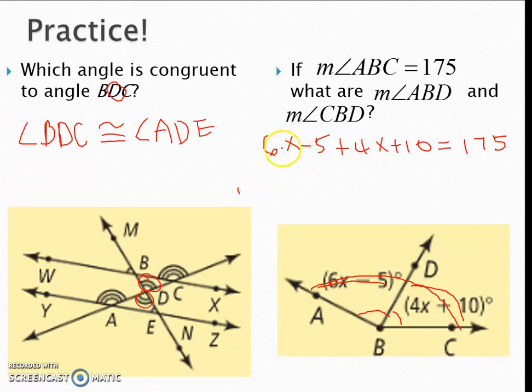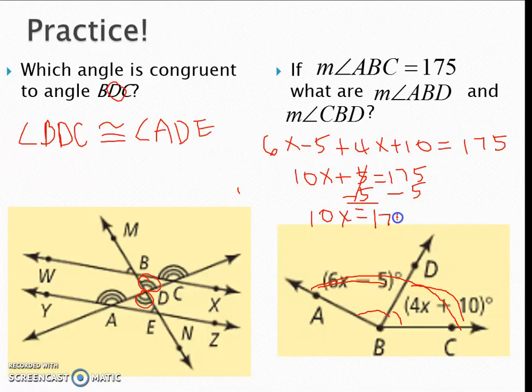First, we add 6x plus 4x, which is 10x. Negative 5 plus 10 is positive 5, equals 175. We subtract 5 on each side: 10x equals 170. Divide each side by 10, x equals 17. Once you find x, you're not done yet.